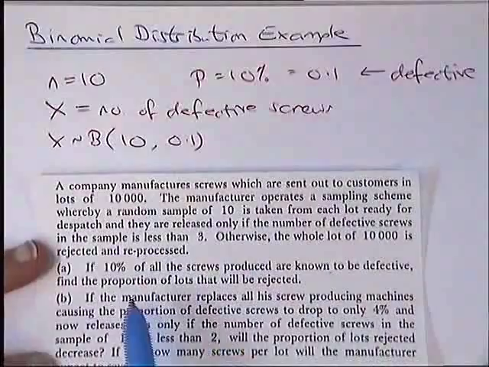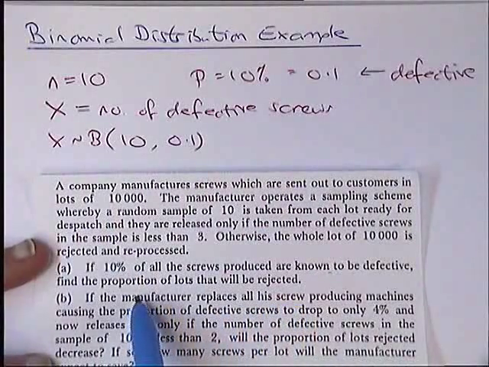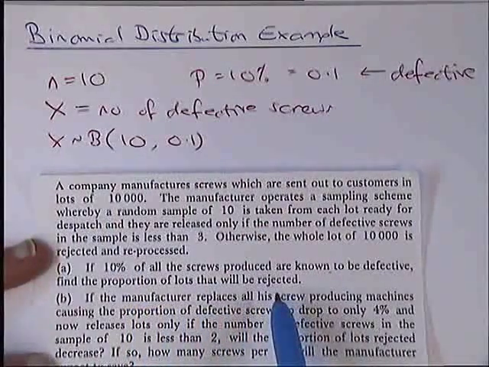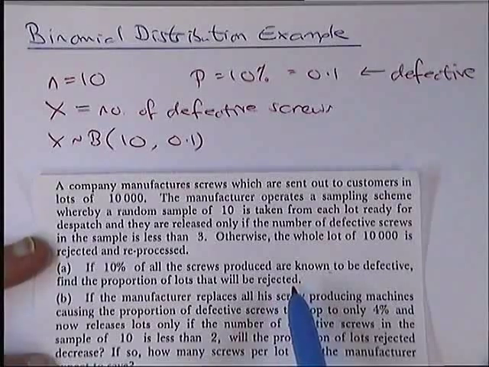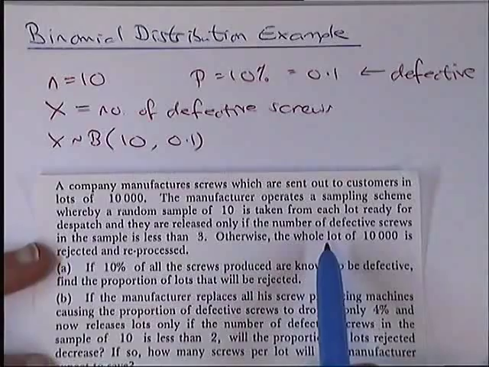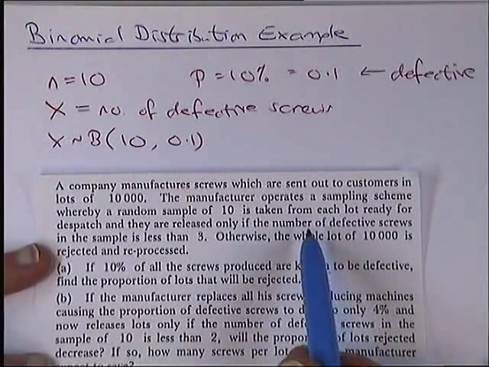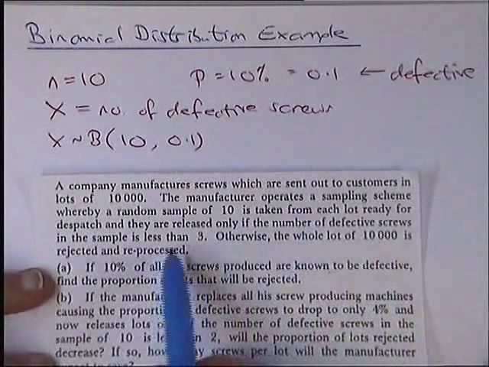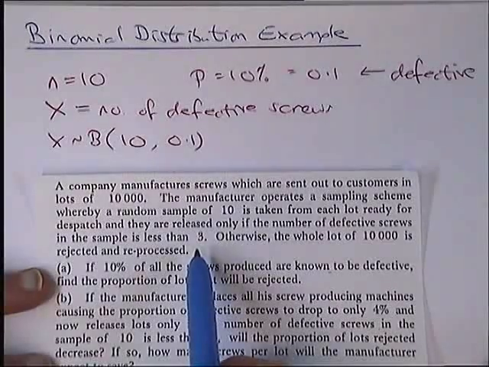And what are we interested in part A? We want to know the proportion that will be rejected. Well, the rejection criteria isn't actually stated here. What's stated here is the acceptance criteria. They're only accepted if the number of defectives is less than 3.